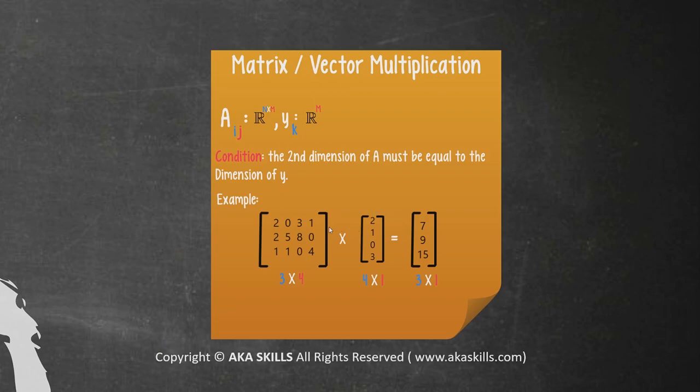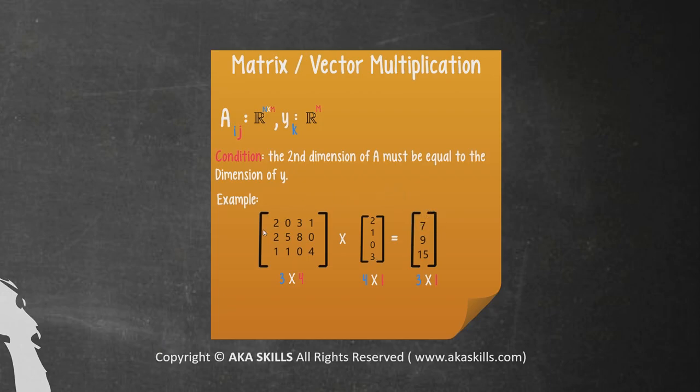Let's do some calculation. 2 multiplied by 2, that's 4. 0 multiplied by 1, that's 0. 3 multiplied by 0, that's 0. And 1 multiplied by 3, that's 3. So we have 4 and we have 3, and the others are zeros. 3 plus 4 equals 7.